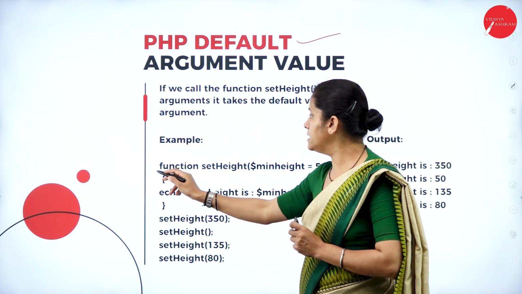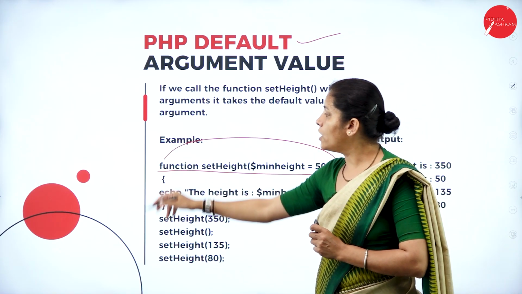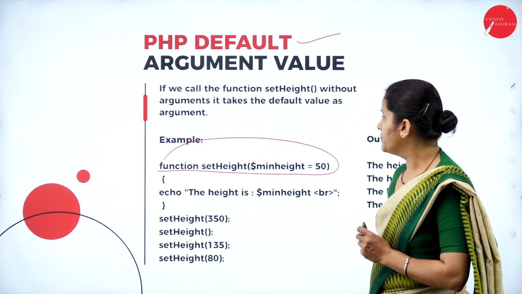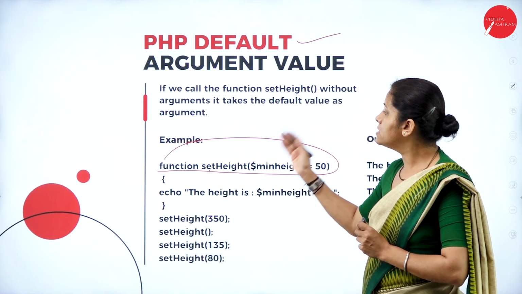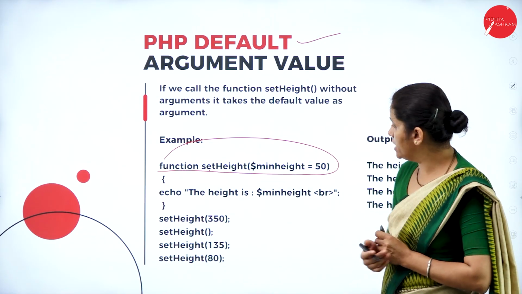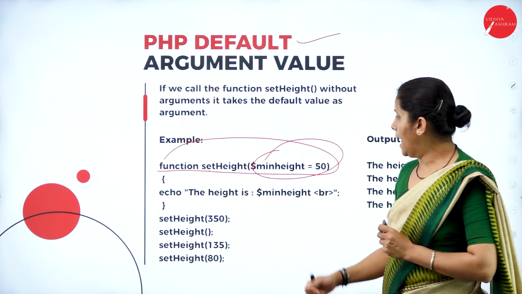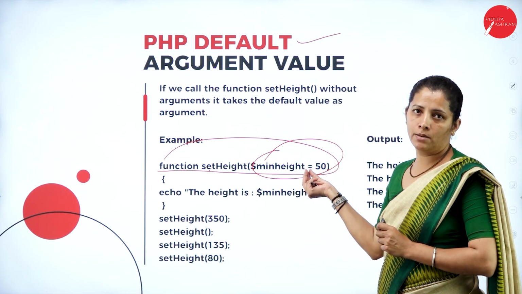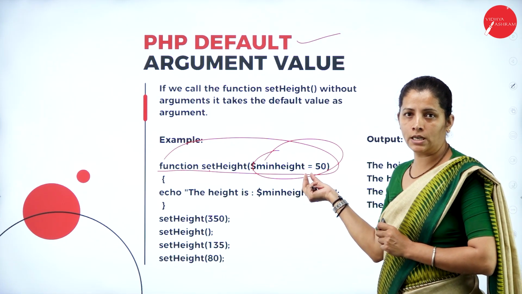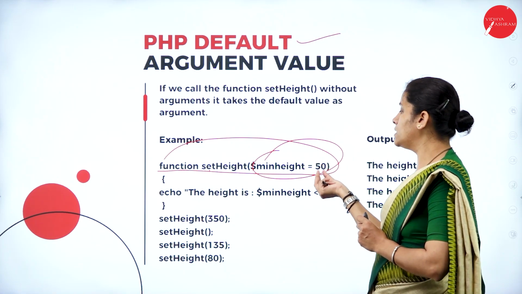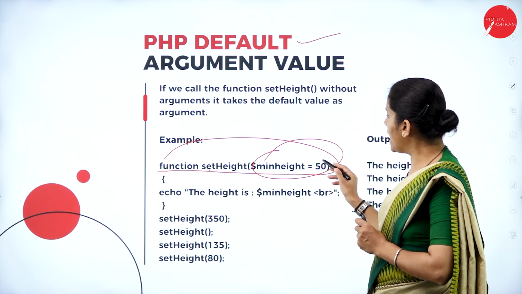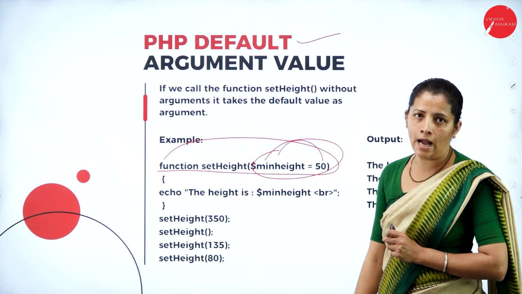This is the set of code I have. My function name is setHeight, and this is your default argument: the minimum height. By default I'm setting the minimum height to 50, so I'm assigning 50 to minHeight.